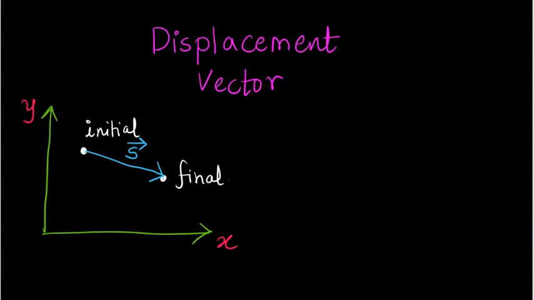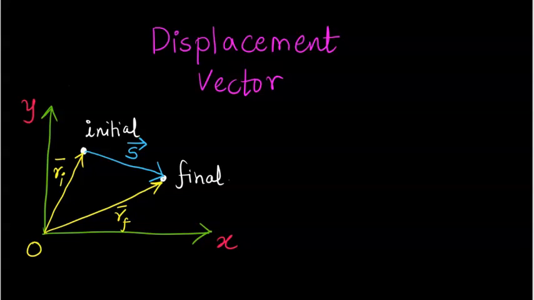So how will we find this displacement vector? Suppose the initial position and the final position are denoted by two position vectors. This is the origin and we have these two position vectors. Let's say this is the initial position vector and this is the final position vector. I will write this as Ri bar and this as Rf bar. Now position vectors are from the origin itself.